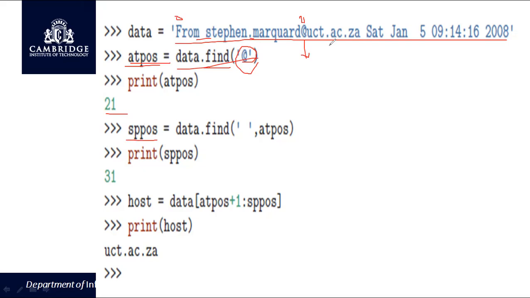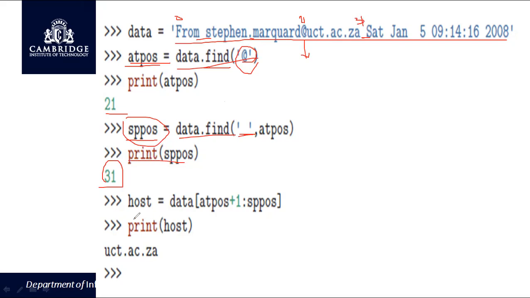I also find the space position, that is the next space, which is present after the at symbol and before Saturday. For the space position, I take another variable, sppos, and use the string method find again. It finds the space position at offset value 31.